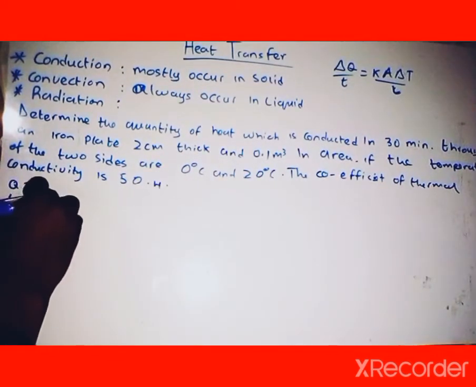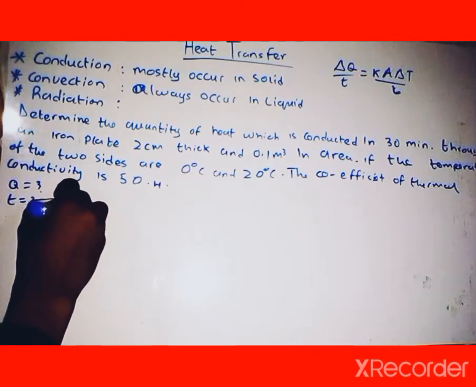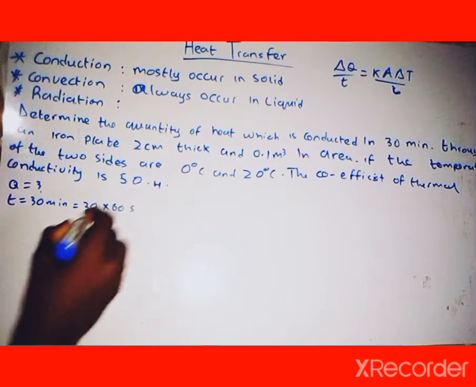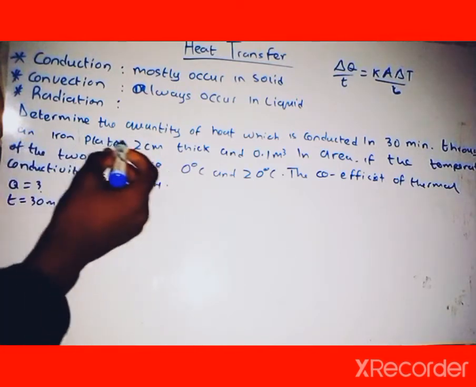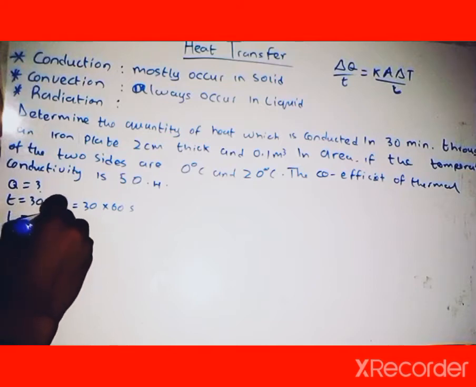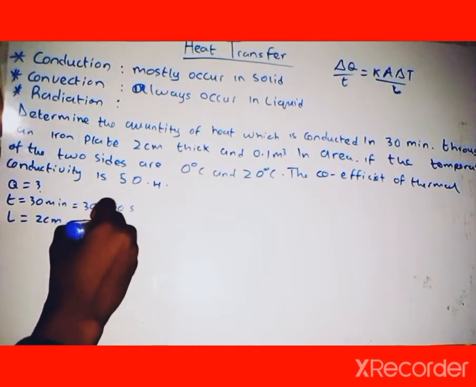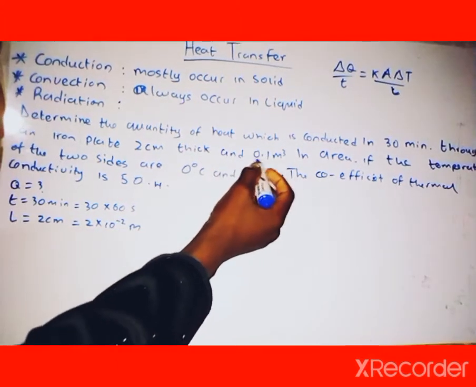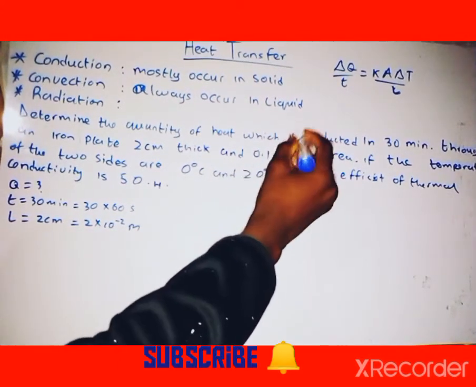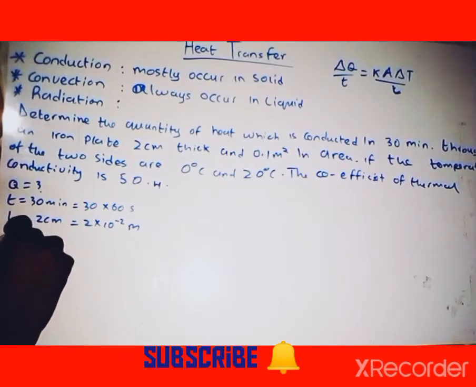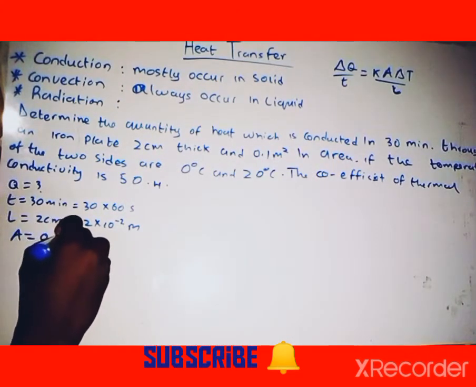Time is 30 minutes, which should be in seconds, that is 30 times 60 seconds. Of an iron plate 2 centimeter thick, which should be in meters, 2 times 10 raised to minus 2 meter, and 0.1 meter square in area.